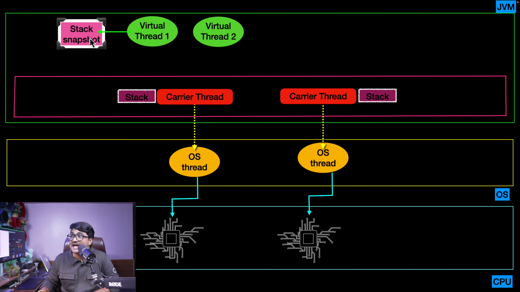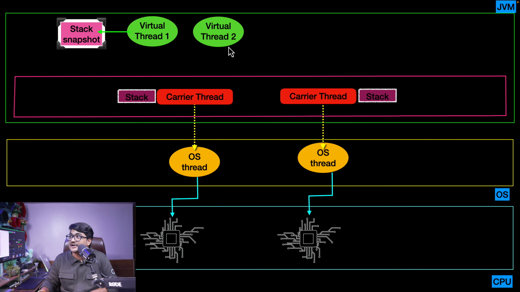So there will be a stack snapshot or memory snapshot taken. It remembers everything this virtual thread used to hold till the time it was forced to park because it was doing some blocking operation behind the scene.